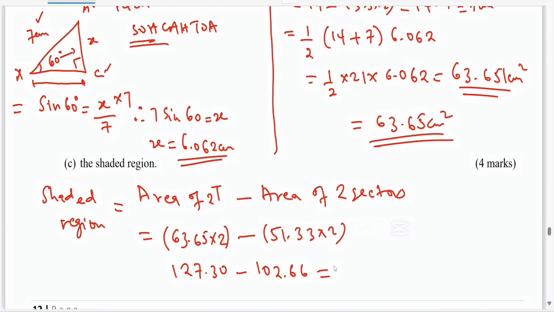So if you subtract this ones, 127.3 minus 102.66 itakupa 24.64 centimeter square. Sawa paka hapo. So we are together on that.